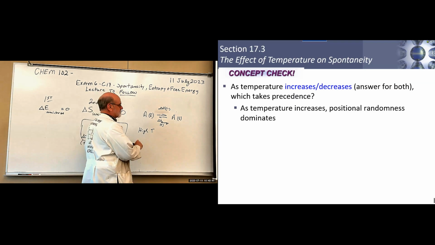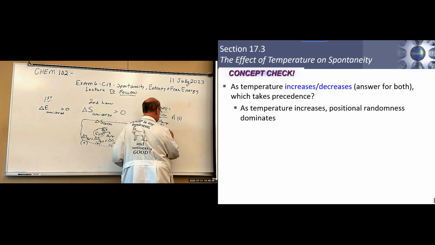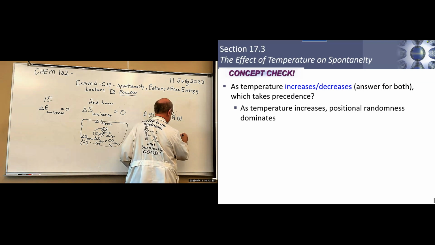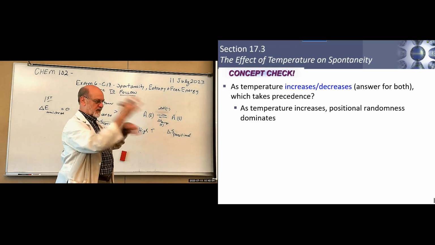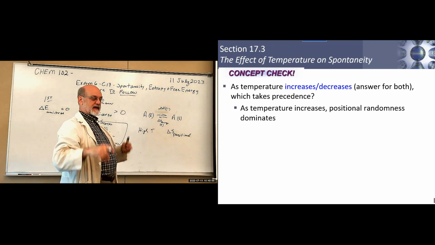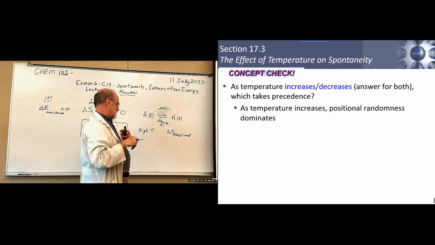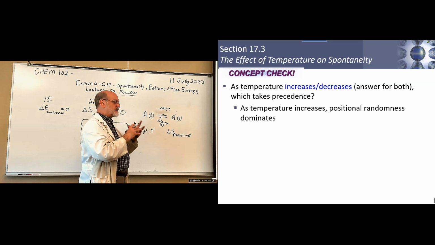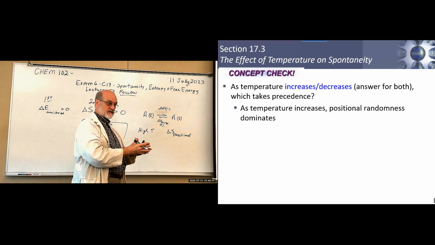So what we're saying is, at higher temperature, positional randomness is more important. The arrangements possible is more important. Like a gas at high temperature, the positional entropy would be of more importance if we expand the gas or decrease its volume.